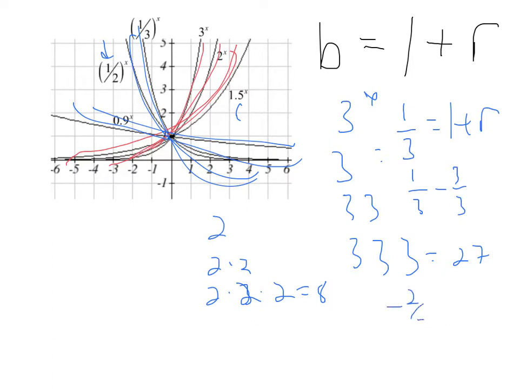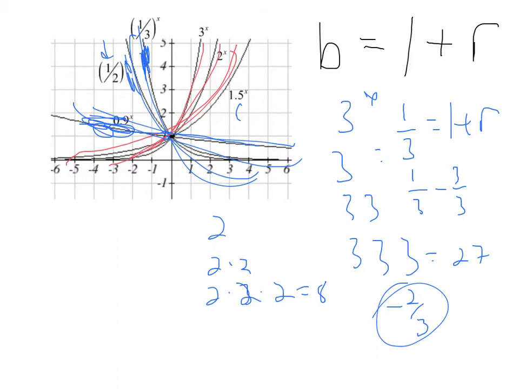So that means I'm losing 2/3, where it's decreasing by a rate of 2/3 of what it previously was. So this is shrinking a lot faster. The 1 over 3 is shrinking a lot faster than the 1 over 2, which is faster than the 9 over 10.